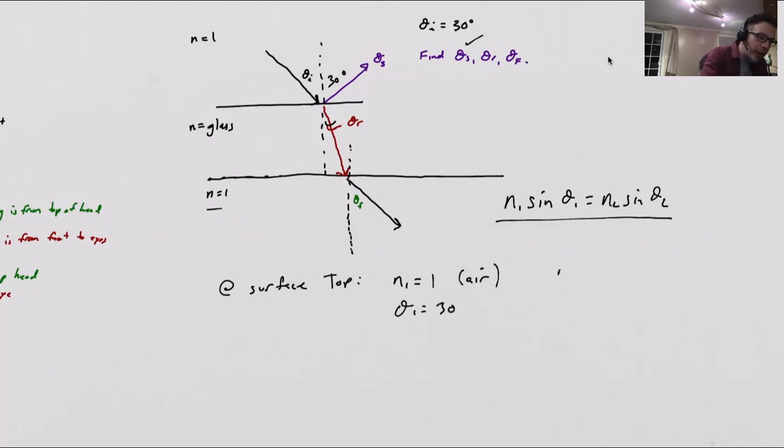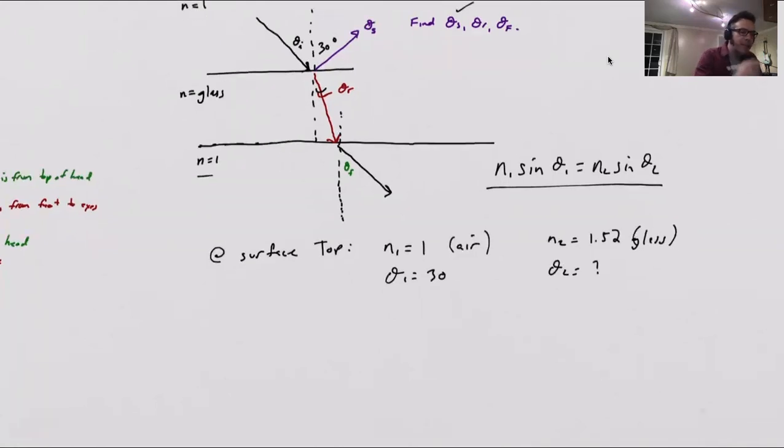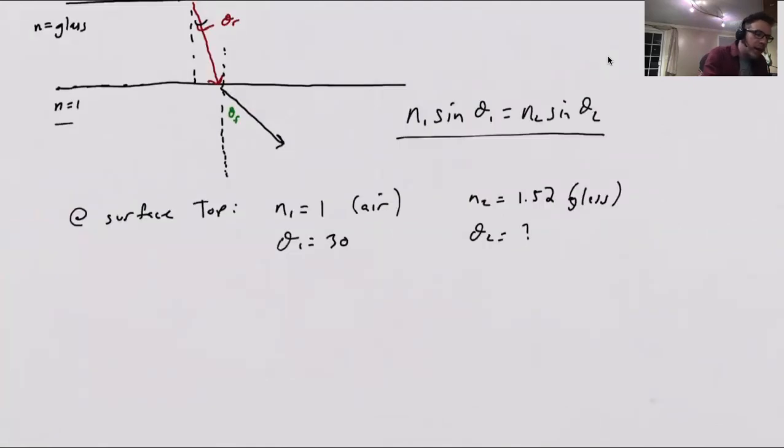And then what do we have? N2 is that of glass, which is just something that we look up in our textbook. This is 1.52 for glass. And theta 2 is the thing that we want to know. So at that top surface, can we use that law to figure out theta 2?